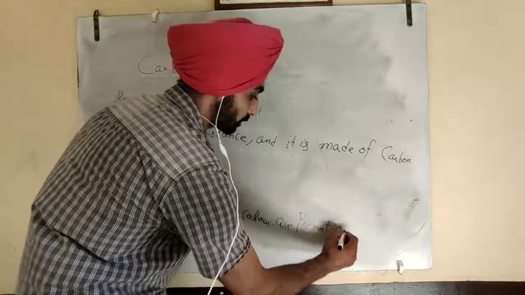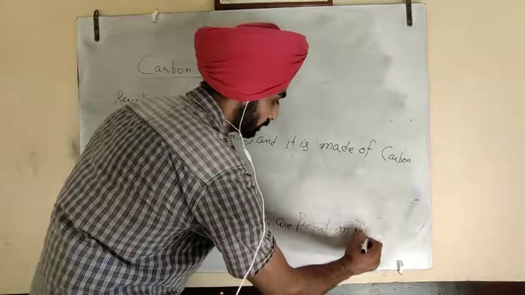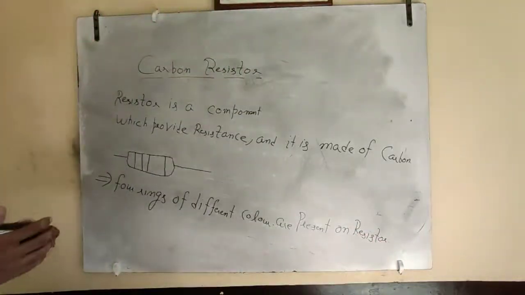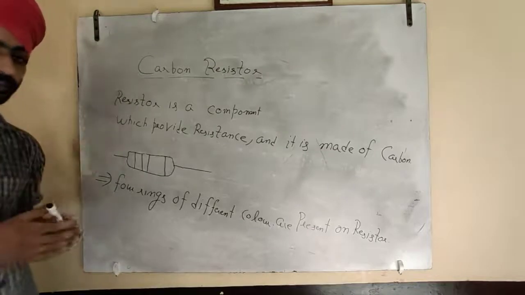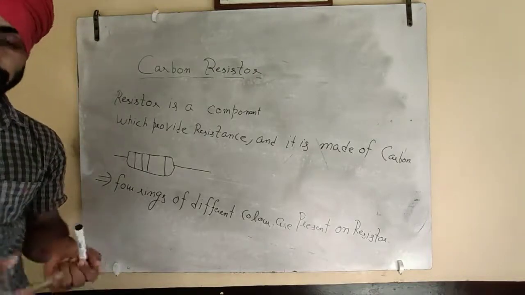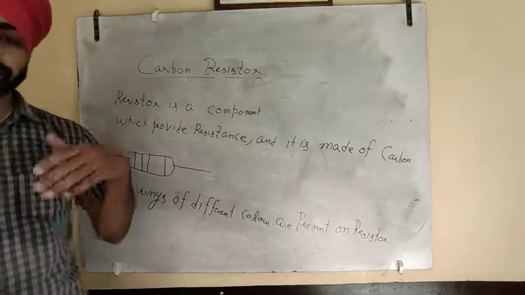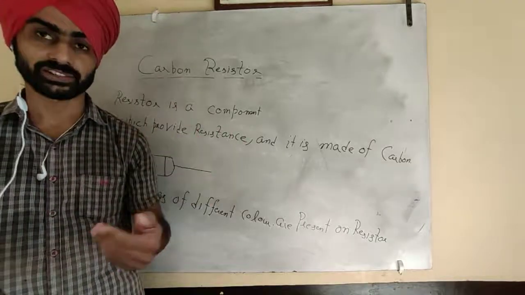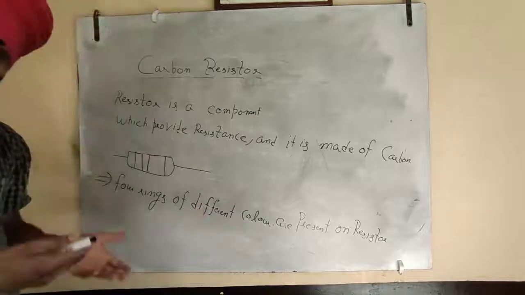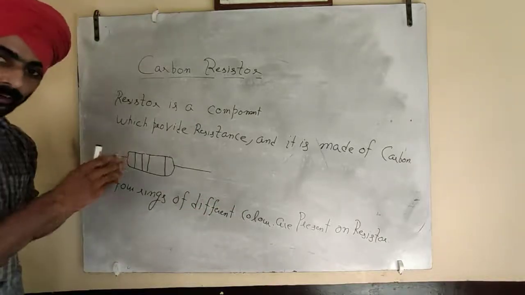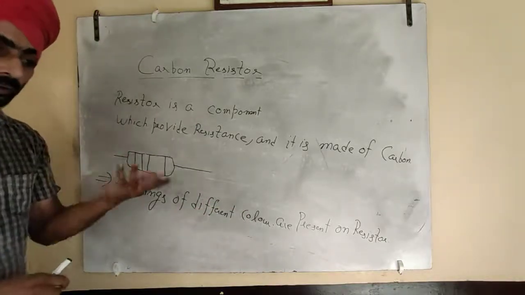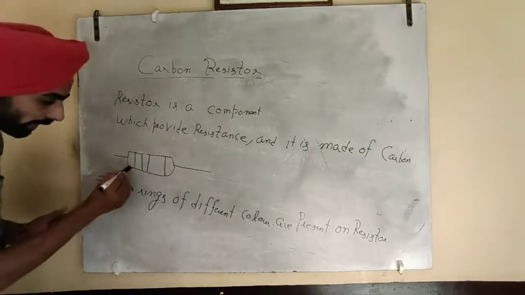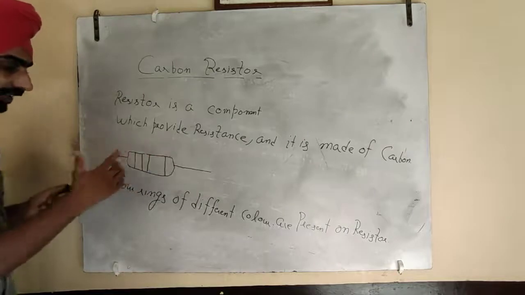So what information is given by these 4 rings? They provide the rating of the resistor. You may buy a resistor of 100 ohm, 200 ohm, or 300 ohm. So this is a rating. You can calculate whether the resistor is of 100 ohm or 200 ohm or 300 ohm by looking at the color coding. This is known as the color coding.